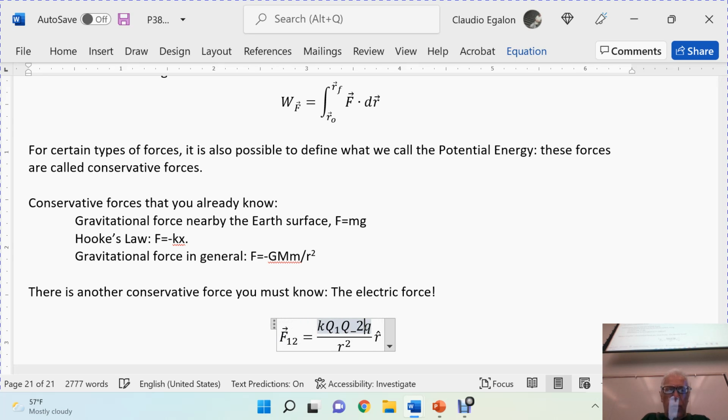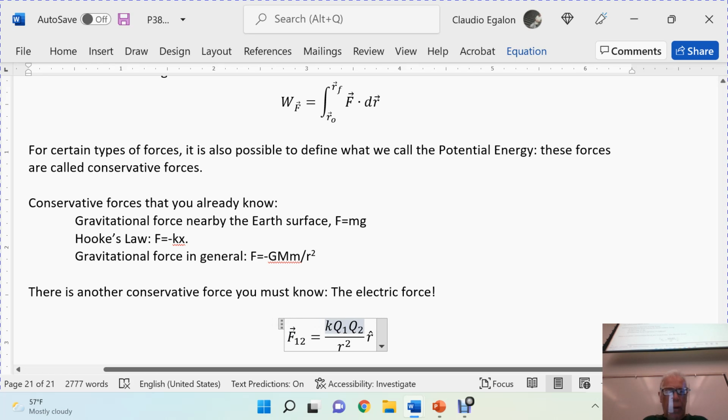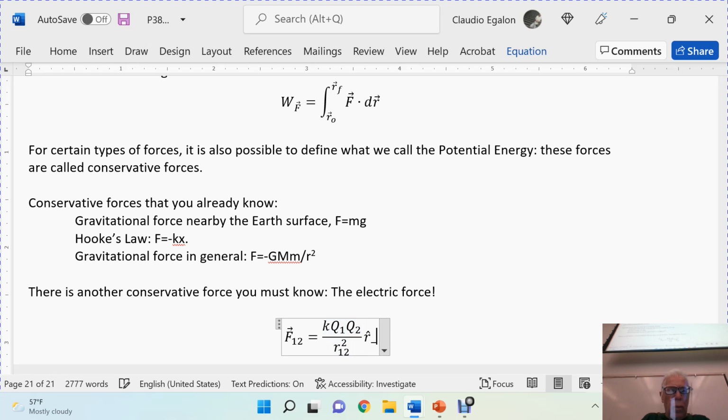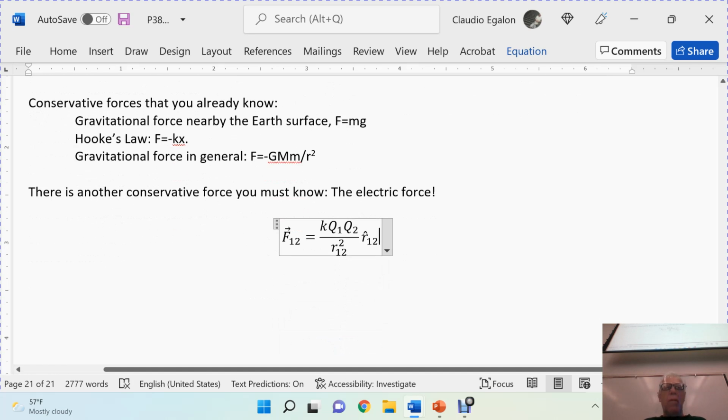Force of 1 on 2, vector position from 1 to 2. That's a better notation. There's no positive or negative here.